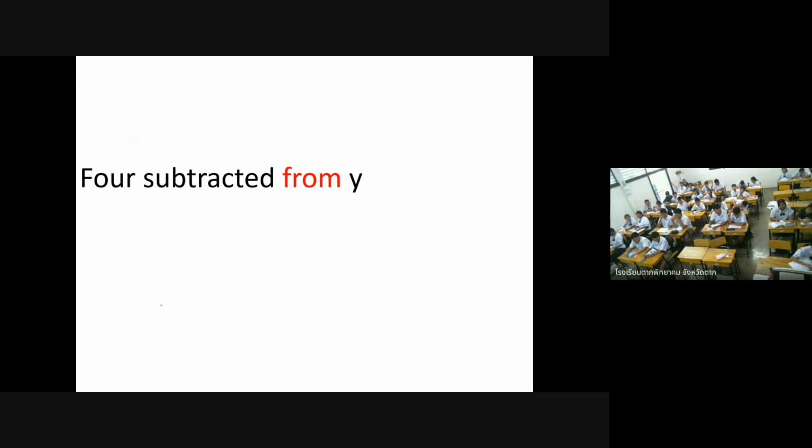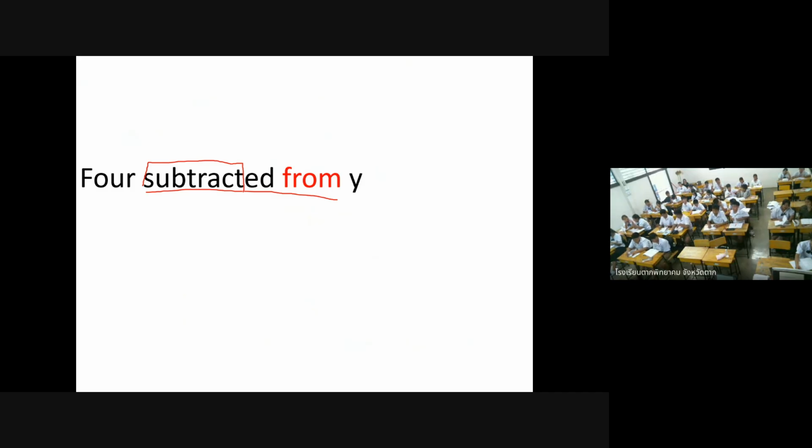Now there's another word that I want you to remember: 4 subtracted from y. The word is subtracted from. Subtract means, look at your vocabulary, subtract means minus.